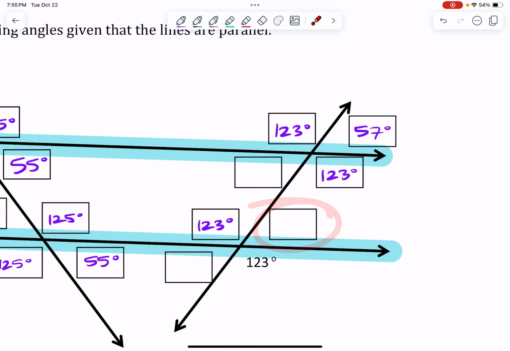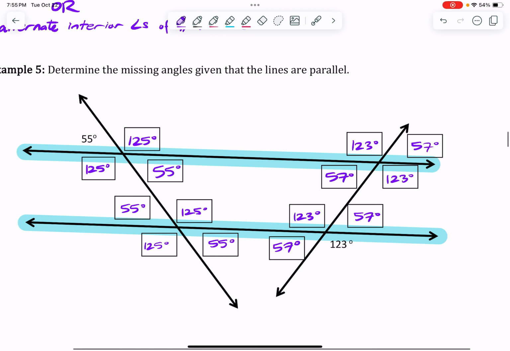And over here, being alternate interiors, must be 57 as well. And so must this one. So all of those are 57s. There's not a whole lot of computation that has to be done for this. Just kind of spotting the sames. As long as those are spotted, then this is a real quick fill.